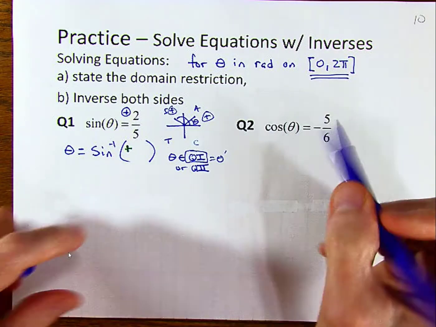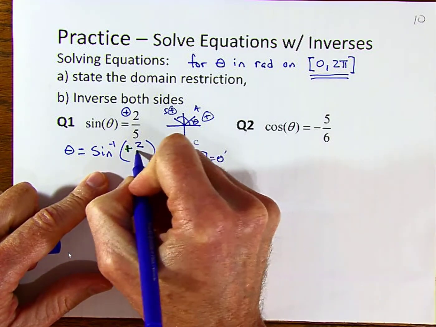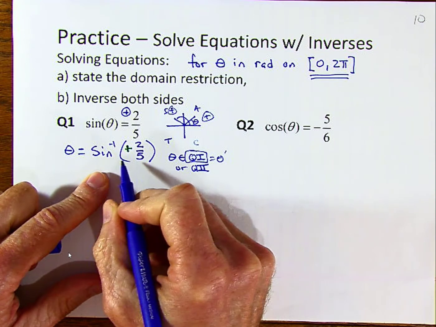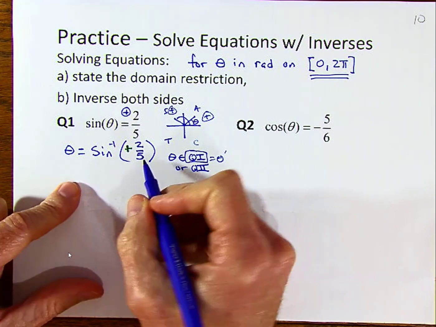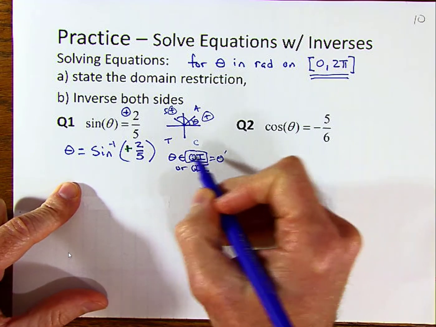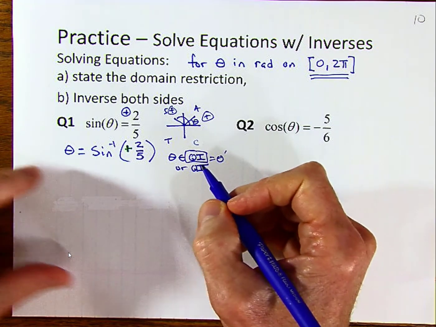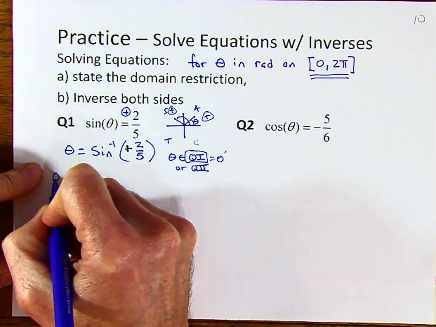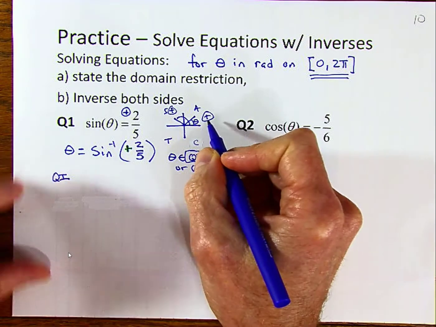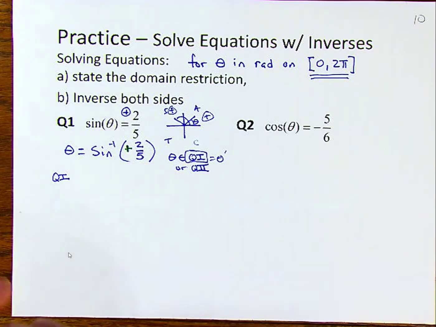But on number 2, that will be a concern. But it's already positive. And when I solve this, it's going to tell me quadrant 1, which is the reference angle. And I have a solution in quadrant 1, so I need that solution anyway. So this is going to tell me what my quadrant 1 solution is, my very first answer. All I have to do now is put that in the calculator.